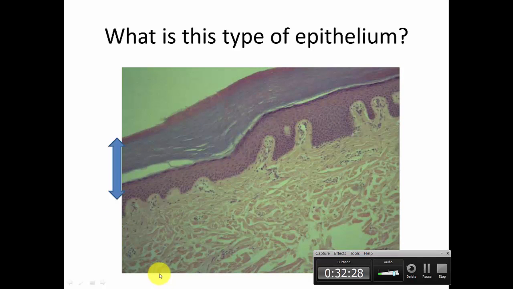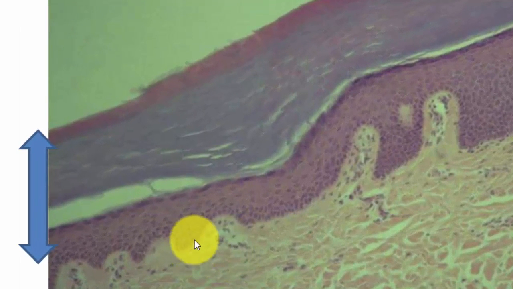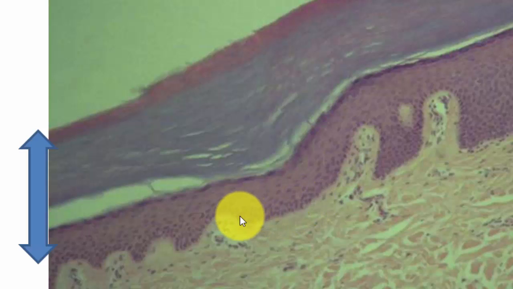How about this one? Well, I can see nuclei that are rounded here. As I go to the top, nuclei get flatter and flatter. So this is stratified squamous epithelium. It's actually also keratinized because here is a layer of keratin. And actually this comes from the skin.